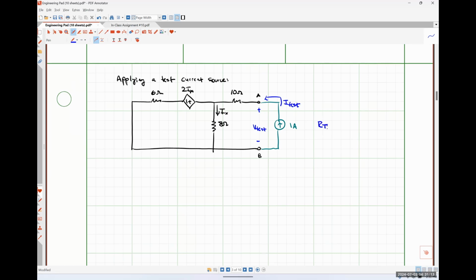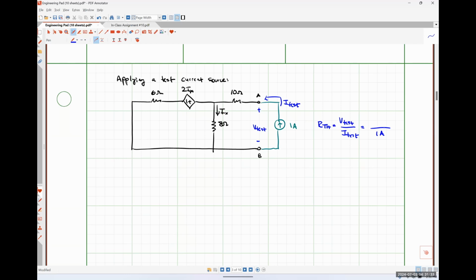Once again, our Thevenin resistance is going to be the ratio of V test over I test. And in this case, my I test is very obviously 1 amp. And now my goal is to solve for the voltage V test.